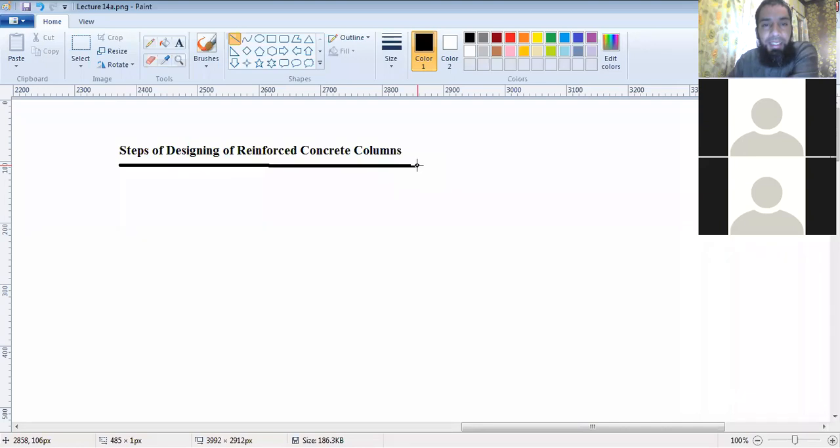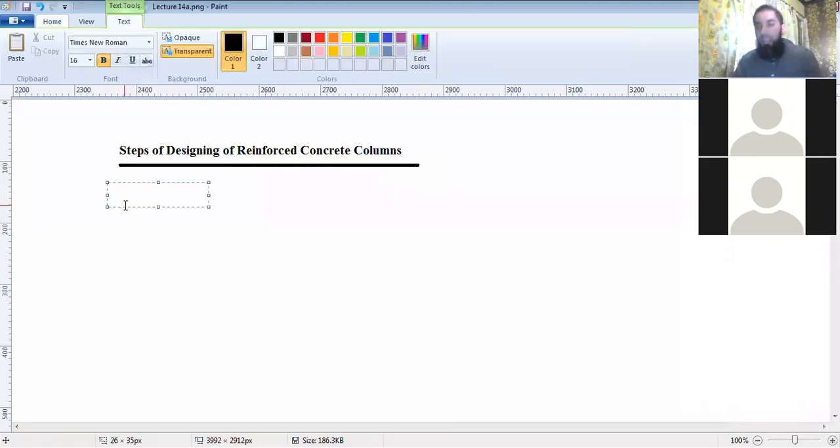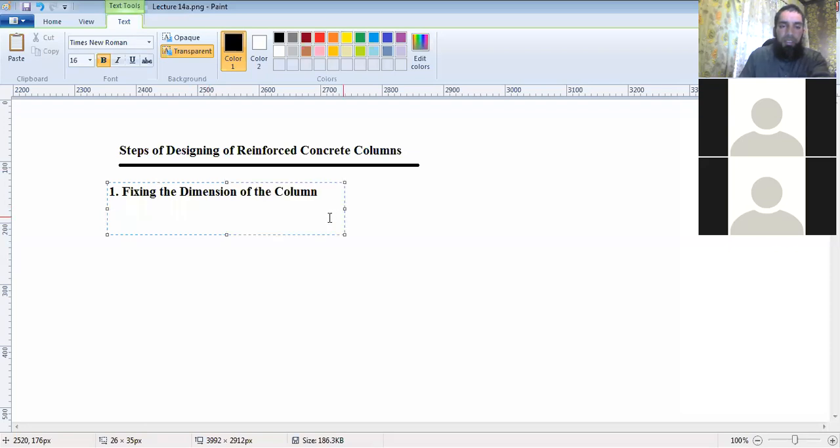Now, while we are discussing the steps of design of the columns, the first step is fixing the dimension of the column, as you did in the beams. What was the convention of fixing the dimension of the beam?